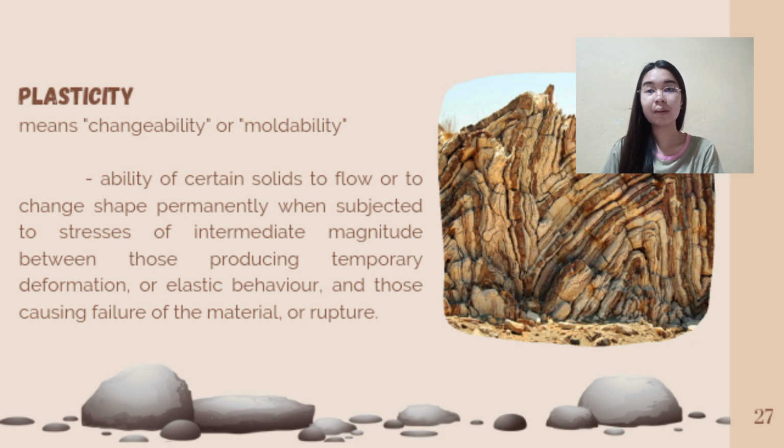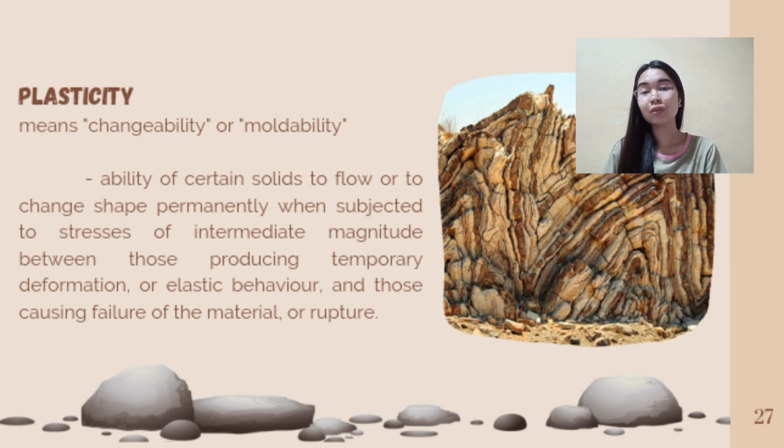nag-apply ka ng maraming force is magkakaroon siya ng farther distance, and once na tinanggal mo yung force na yun is babalik siya sa original shape niya. Pero if i-compare natin si steel string is mas mabilis nga lang yung pagkakabalik ni steel string compare kay rubber string.